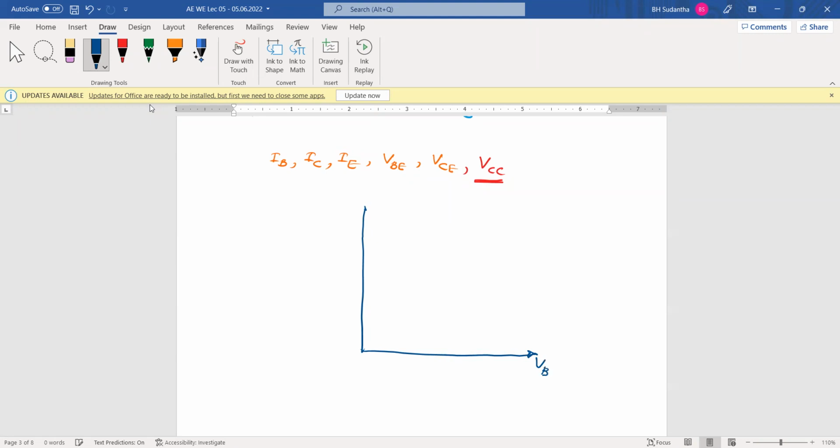This is VBE and this is IB. Okay. What is that? How can we draw it?